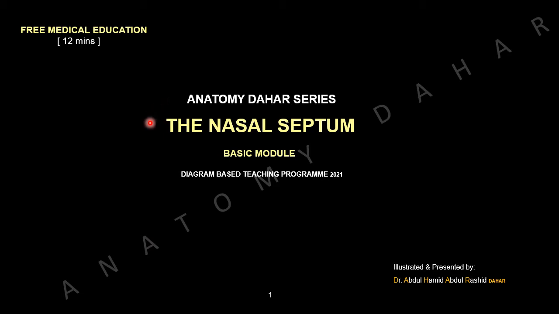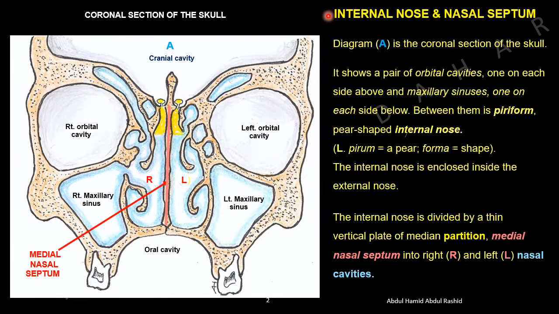Today's topic is the nasal septum, free medical education. Internal nose and nasal septum. This is the coronal section of the skull showing right and left orbital cavities, one on each side above, and right and left maxillary sinuses, one on each side below.